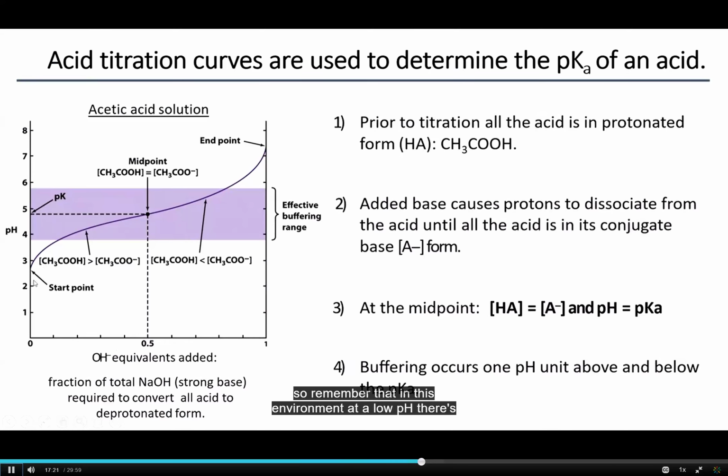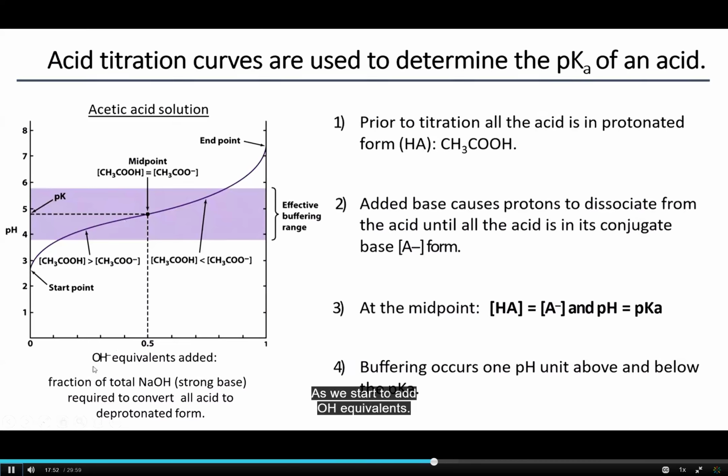Remember that in this environment at a low pH, there are lots of hydrogen ions already around and very few OH ions to grab hold of them. So this molecule will be encouraged to hang on to its proton. There's nothing encouraging it to bind to something else, and not enough OH in the solution to encourage it to come off. So prior to titration, all of the acid is in its protonated form, the HA form.